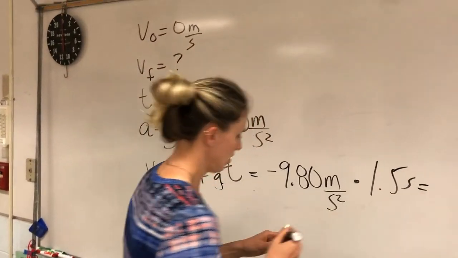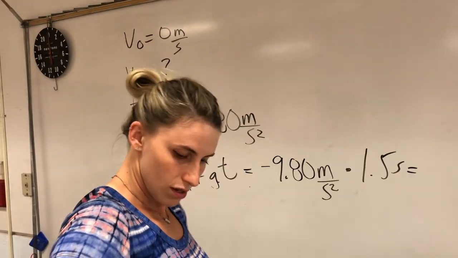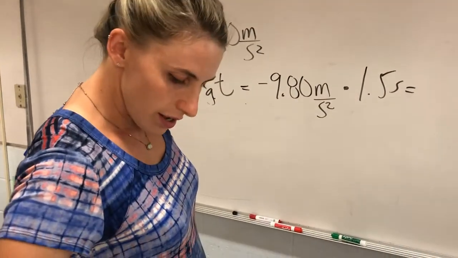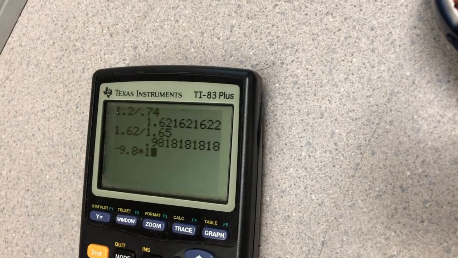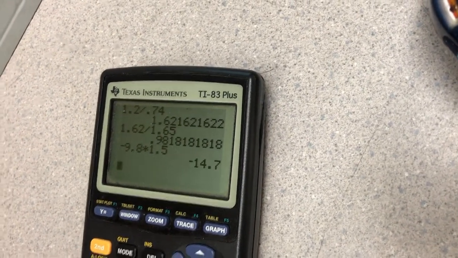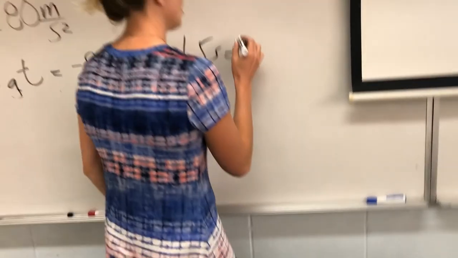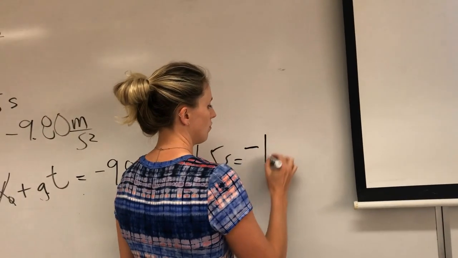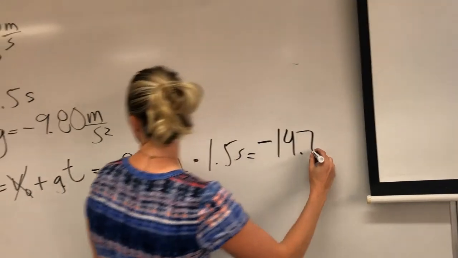Negative 9.8 times 1.5, and I get negative 14.7. What are my units here?